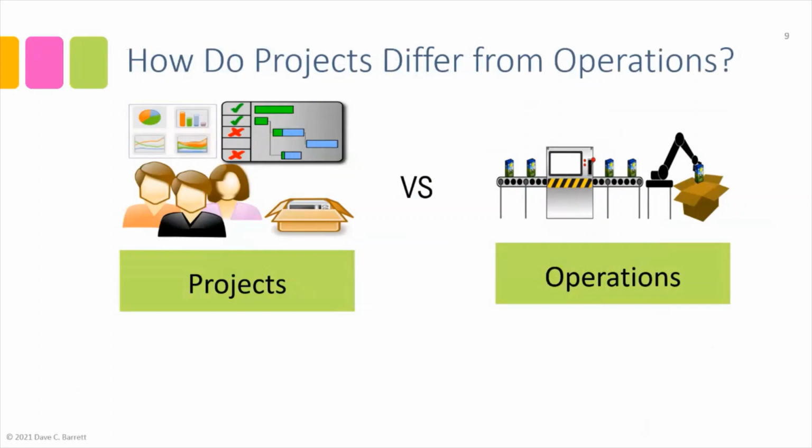An organization consists, at the root, of projects and operations. The operations area of the company is ongoing, is not temporary. Operations goes for however long the company is in operation, so it is perpetual in duration.